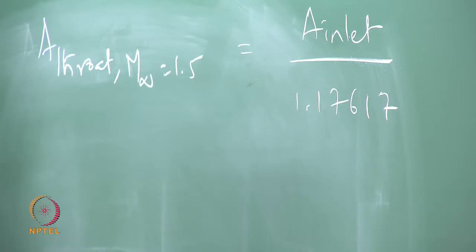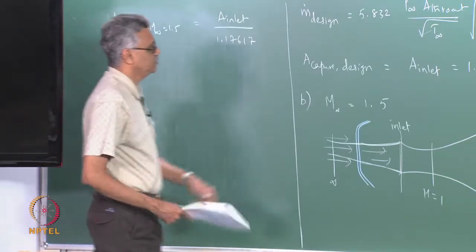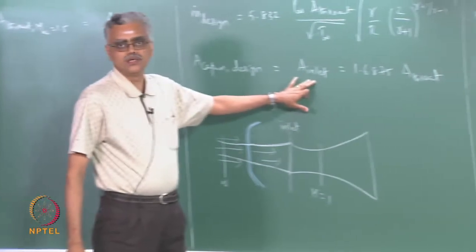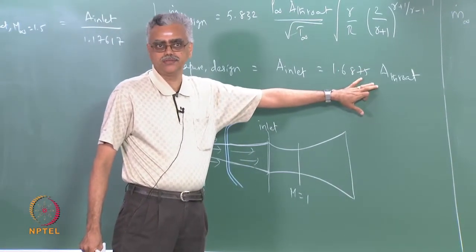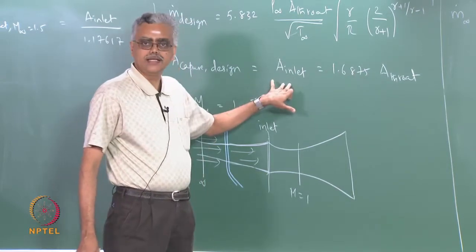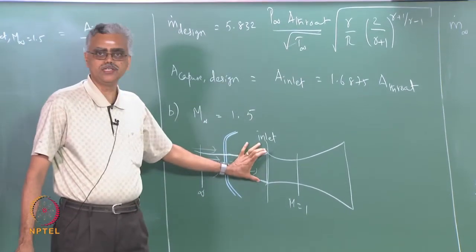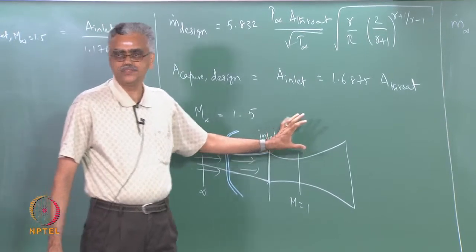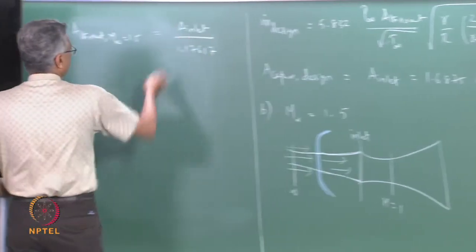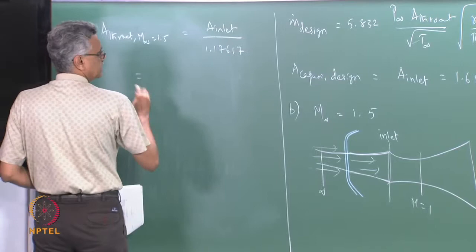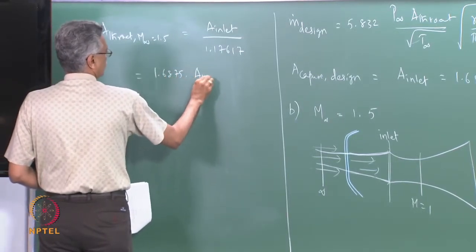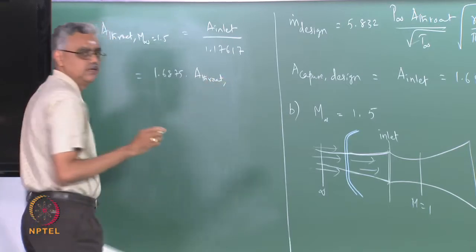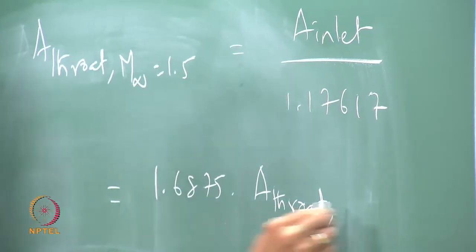But we also know from design conditions that the inlet area is 1.6875 times the throat area under design operating condition, right. Inlet area remains the same in all the cases, only the throat area is changing. So that means I can replace this like this, A inlet is 1.6875 times A throat under design operating condition.